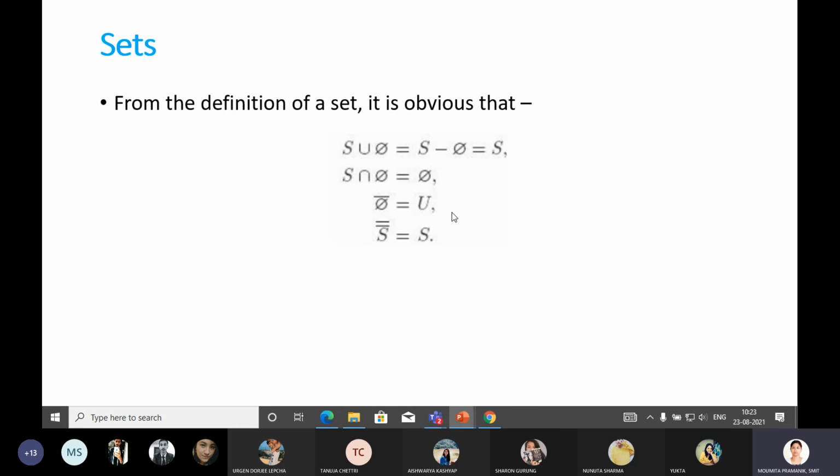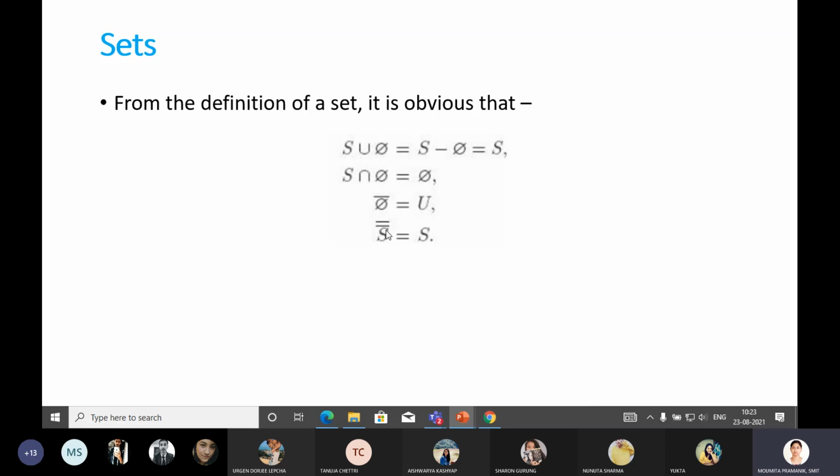The complement of the null set gives the universal set, and the complement of the complement of S gives the set S. Okay, so if you do the double complement we get the set itself. This is a very important operation with the null set, and we will get this value. Is this clear, student?